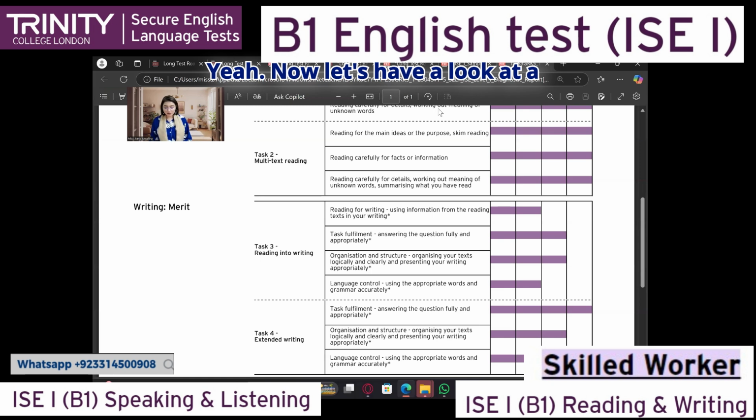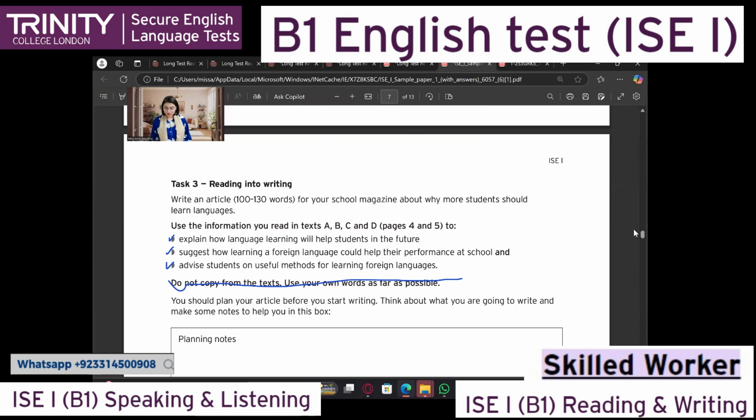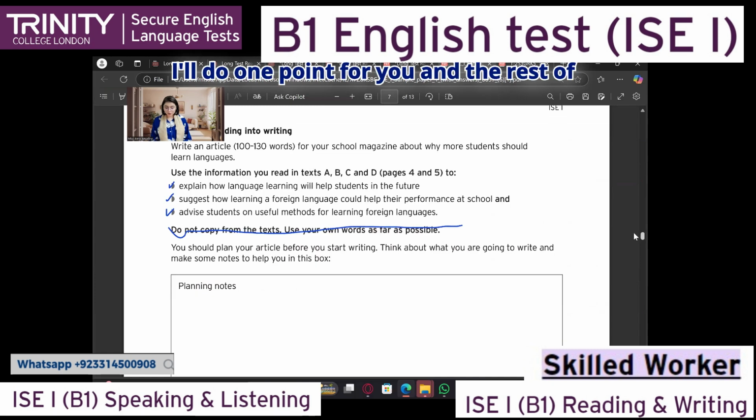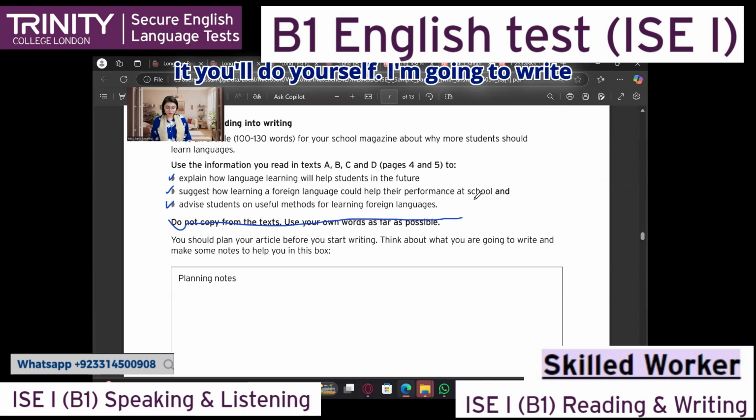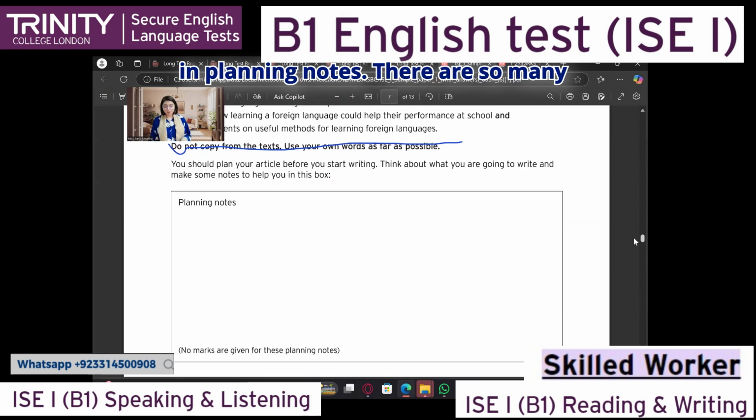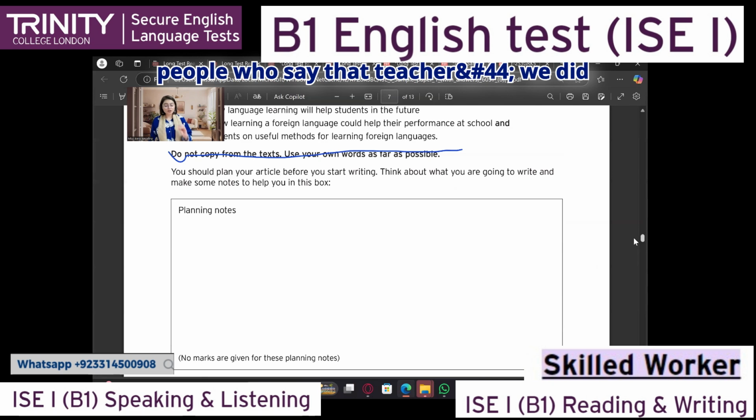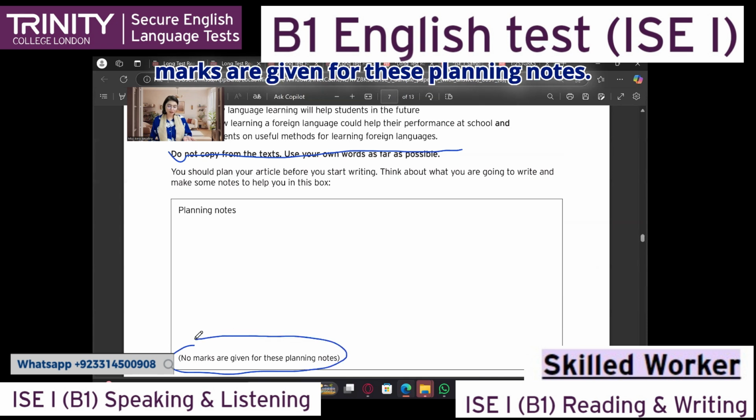Now let's have a look at the question. I'll do 1 point for you, and the rest of it you'll do yourself. I'm going to write in planning notes. There are so many people who say, teacher, we did not plan our notes, are we going to lose marks? No, it's written in here: no marks are given for these planning notes.